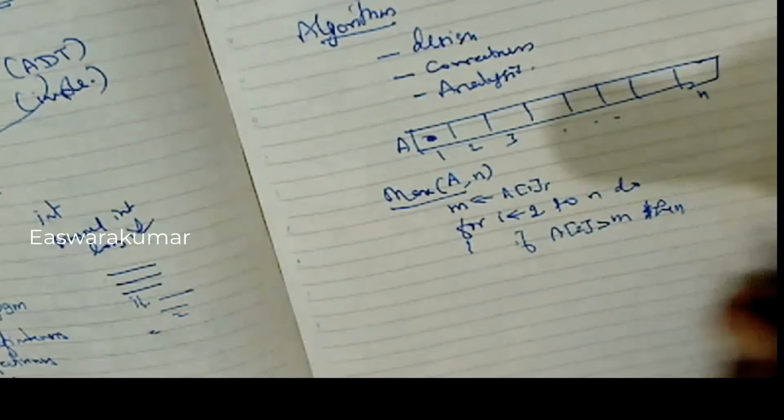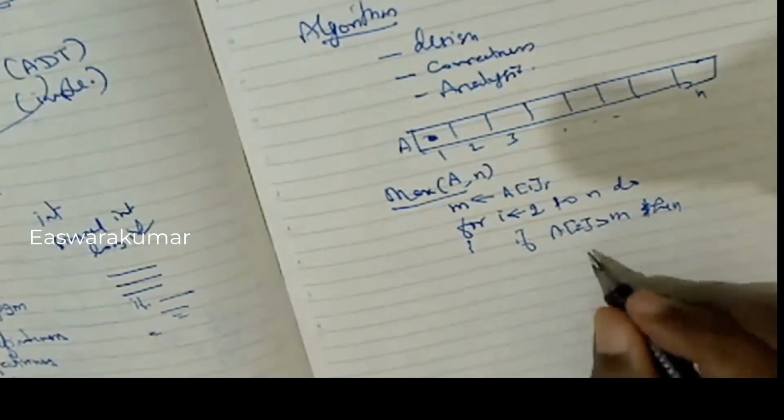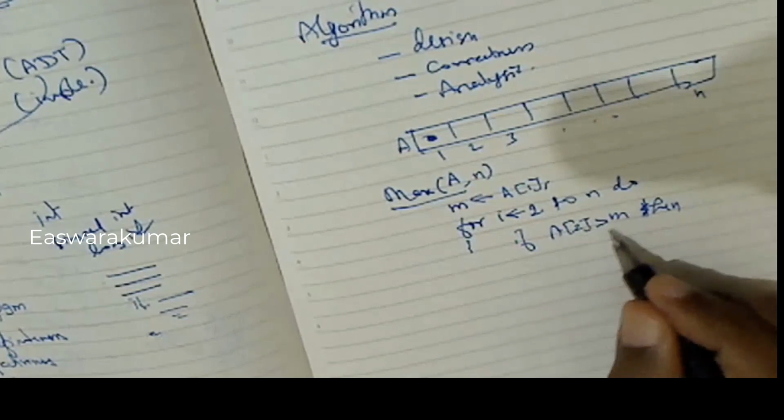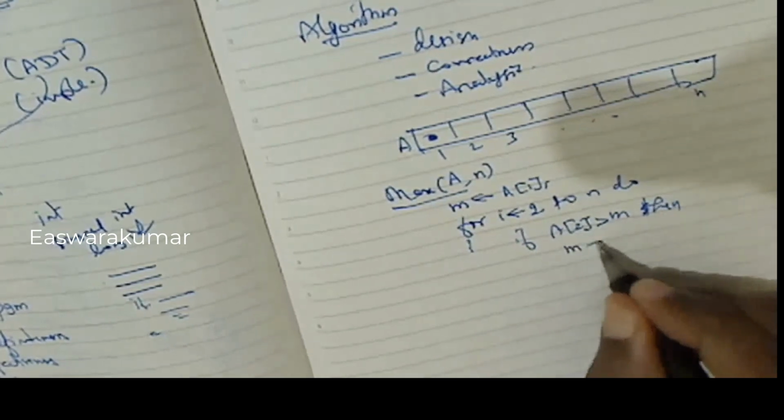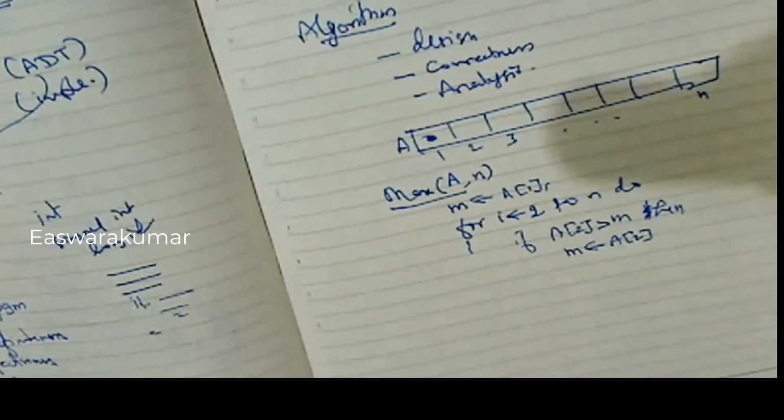So if A of 2 is greater than m, then we got a larger element than m. So we have to modify this m as A of 2. Otherwise, we won't do anything.